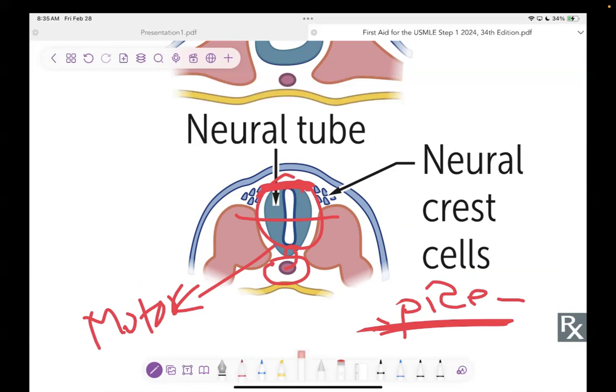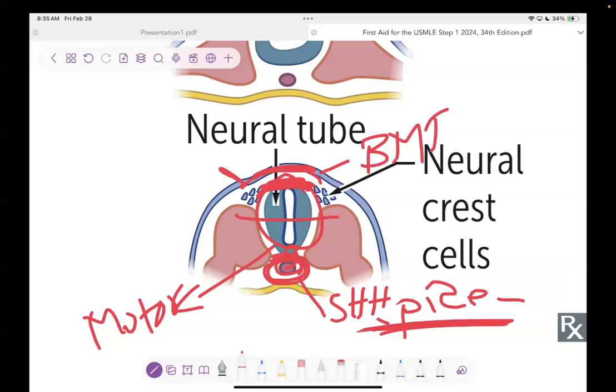For the anterior wall, we said that the notochord is close to the anterior wall. So the notochord has a gene called sonic hedgehog. And for the posterior wall, you see that the ectoderm is close to that. So the ectoderm here in the periphery has a protein called BMP. BMP protein helps with the posterior wall. The posterior wall makes the sensory part of the brain and spinal cord, and the anterior part makes the motor part.